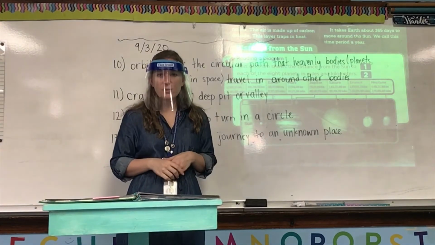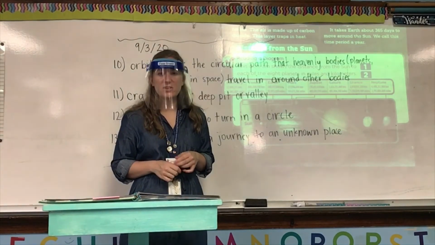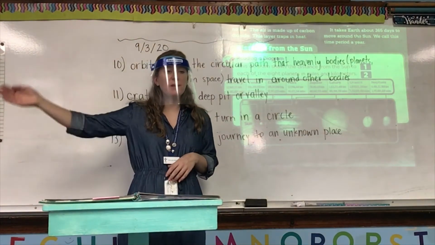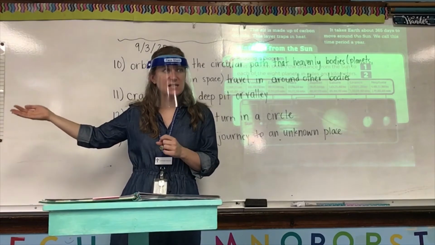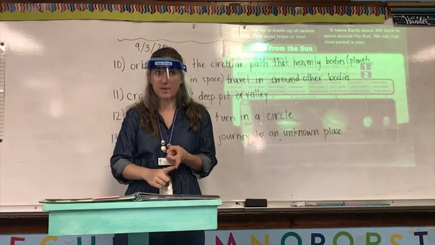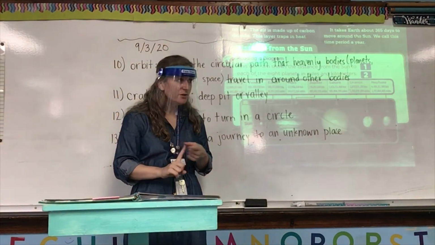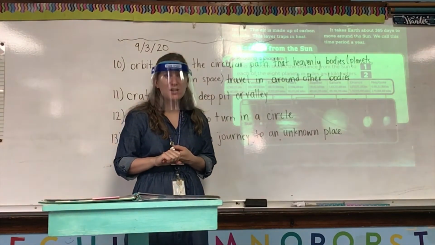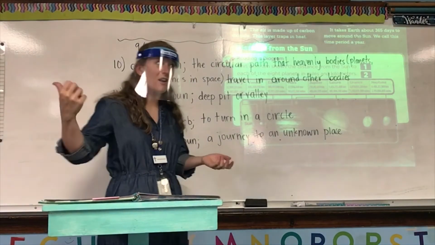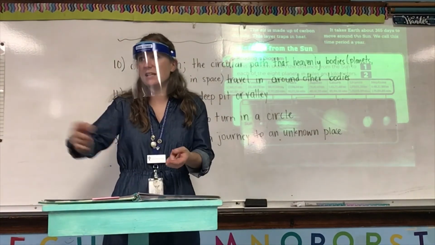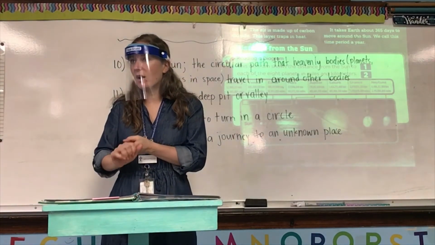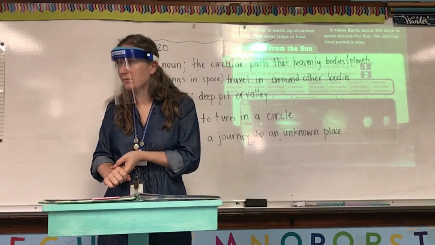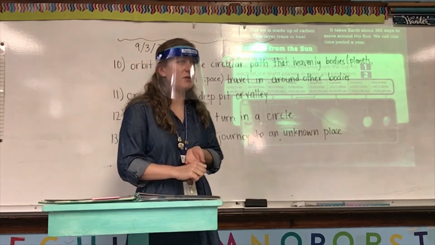No. That means there could be a planet out there that is able to sustain life. Maybe it has comfortable temperatures, so it's not too hot or too cold. Water, oxygen. Maybe it has all those things needed to sustain life. Or there could be other life out there that doesn't need water or oxygen or comfortable temperatures to sustain life. We don't know either of those things.